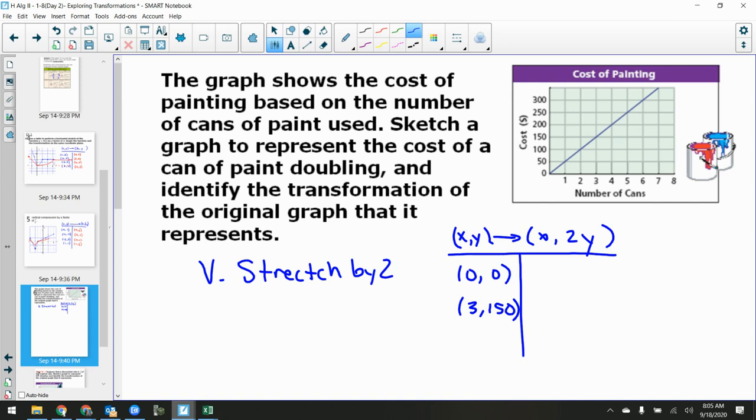Now, let's actually transform it now. 0, 0 stays 0, 0. 3, 150 becomes 3, 300. All right, now I take 0, 0, and then 3, 300.